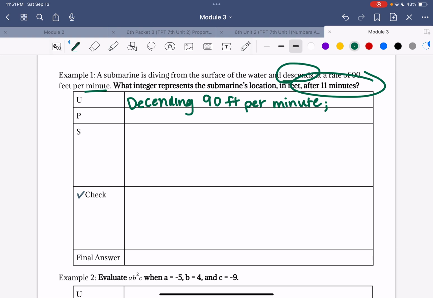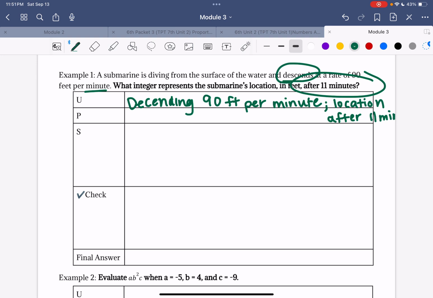So, let's see. Okay, so my plan: because I want to find the total feet where it's at, I am going to use multiplication and multiply the rate times how long since the submarine started diving.